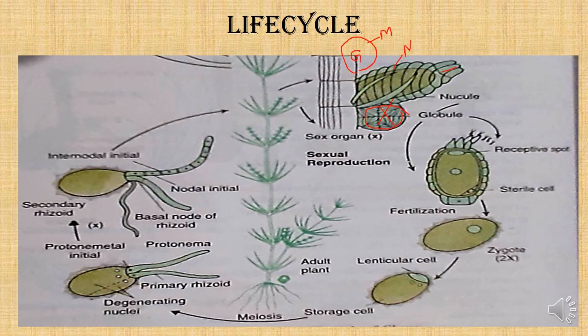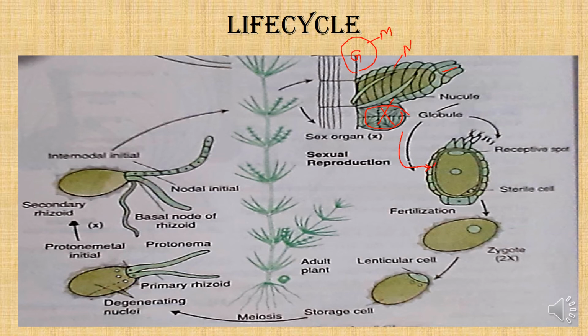So when these sex organs mature, the sperms are released and enter in between the open region that is formed by the tube cells. They separate from one another, creating slits.